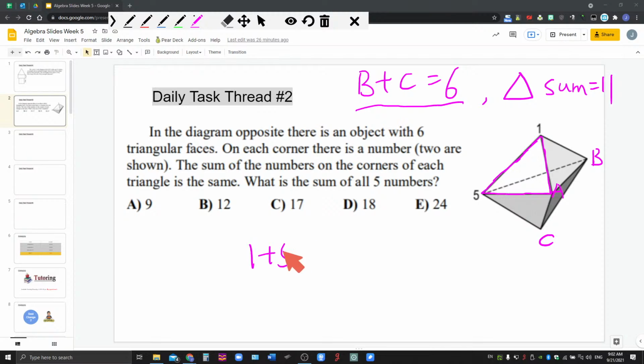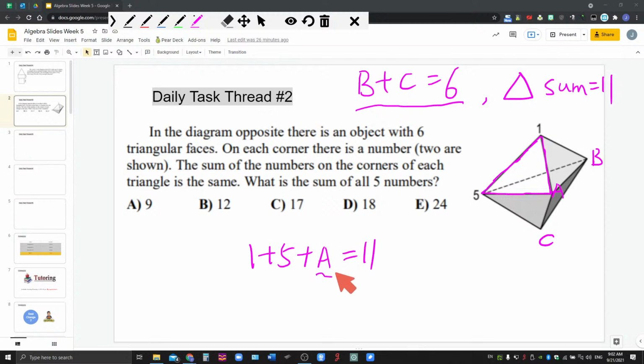1 plus 5 plus A. In this one, we have one unknown value and two known values. But the key here is we know the total, because we just found the total is 11.